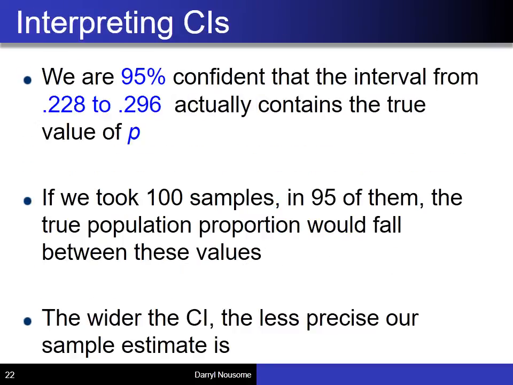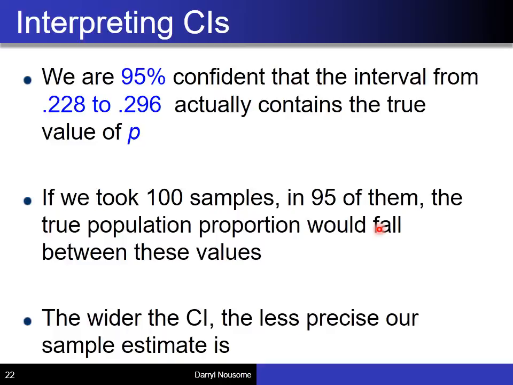When we interpret a confidence interval or the margin of error, we are saying that we are 95% confident that the interval from 0.228 to 0.296 actually contains the true value of p, which is the true population value. So if we took 100 samples, if we did 100 studies of this, in 95% of them, the true population proportion would fall between these values.